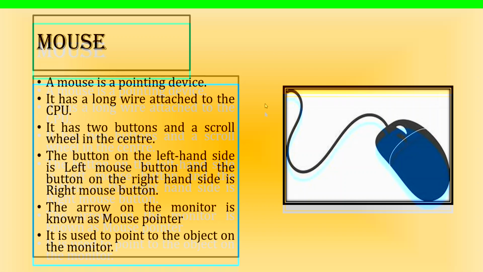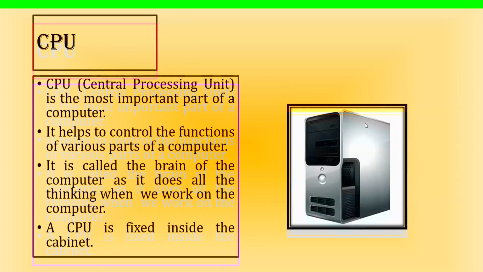This is the pointing device. It has a long wire and this wire is attached to the CPU. You can attach the wire here or at the back side of the CPU.